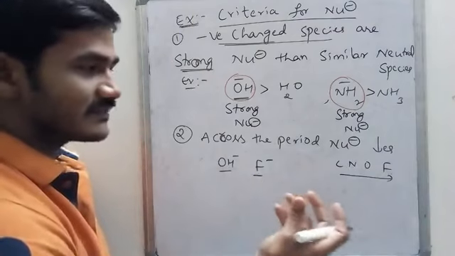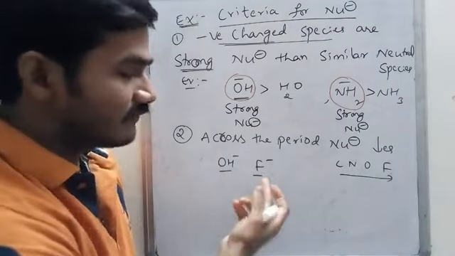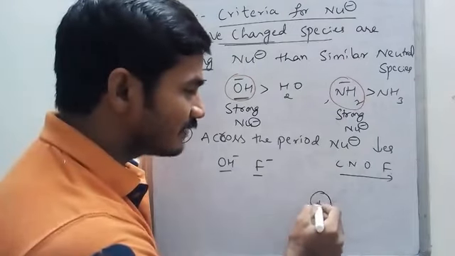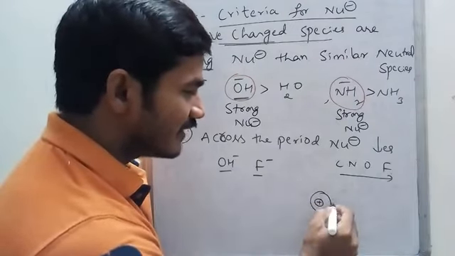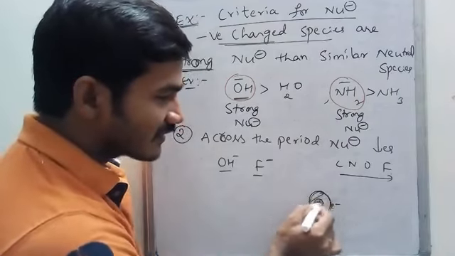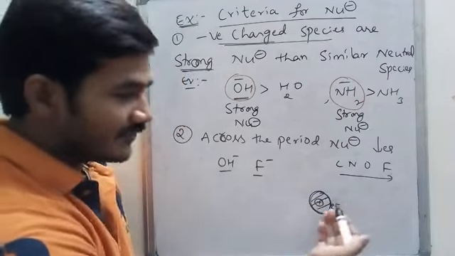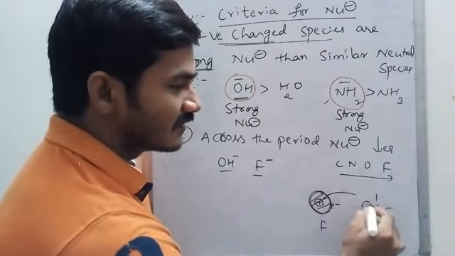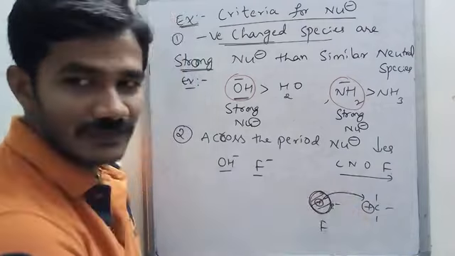Fluorine has a small atomic size, so it can hold its electrons tightly. When it holds them tightly, does it form a new bond with carbon? A nucleophile has to form a new bond with carbon, right?